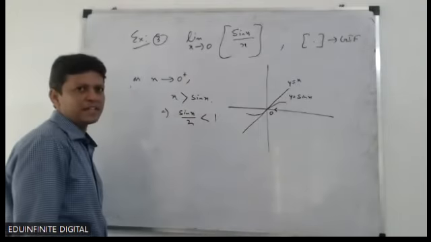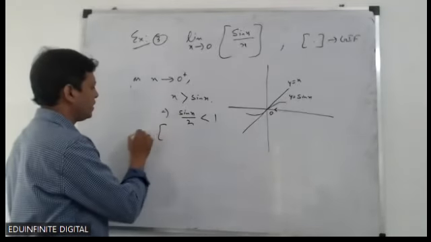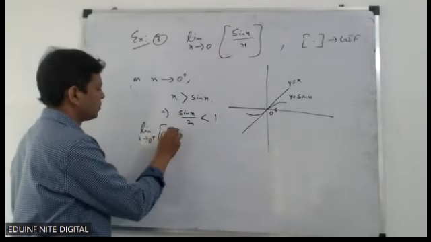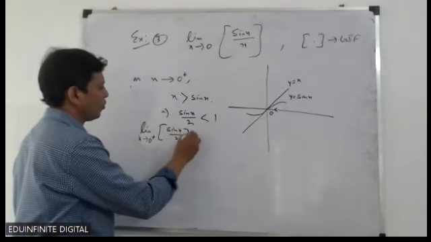So sin x by x is less than 1. So box will be zero.